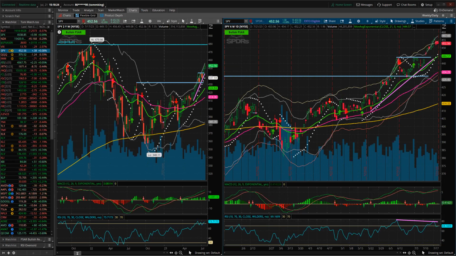Maybe NVIDIA says AI is driving the future and it rockets up, but then AMD rockets up as well because NVIDIA rocketed up. Yeah, they're in the same industry, but they're not the same company. They may not be doing the exact same thing. Now, all of a sudden, I've got a stock rocketing up because somebody else said something about some other stock. Technical analysis does you no good in those areas.